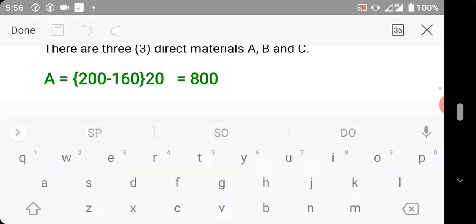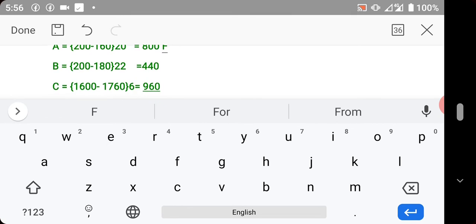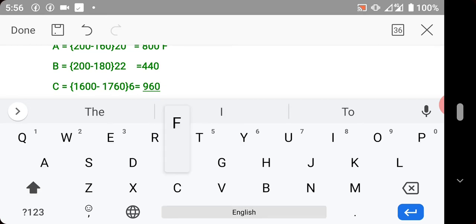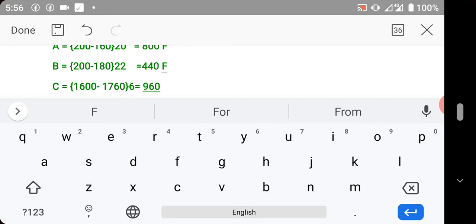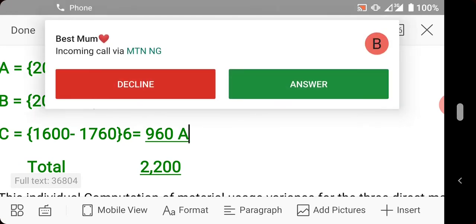You put favorable here. 200 minus 180 is favorable. You put favorable here. 1600 minus 1760 is adverse. So you put adverse here. Why is it adverse? Because it is negative. So we add together. What do we have?